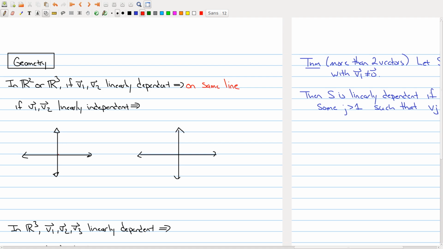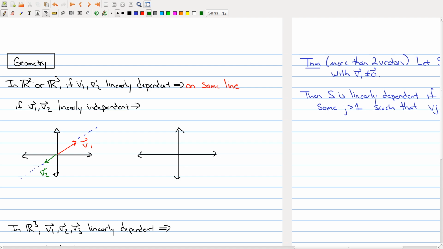So for example, let's say this is my first vector, v1, and here is my second vector. It points in the other direction. And both of these vectors lie on this dotted line here. Oh, I forgot to label the second vector. So there's my vector v2, the green. So both of these vectors lie on the same line, so they're linearly dependent.